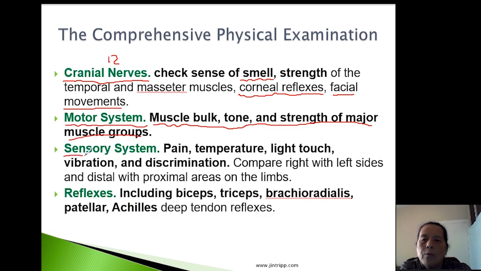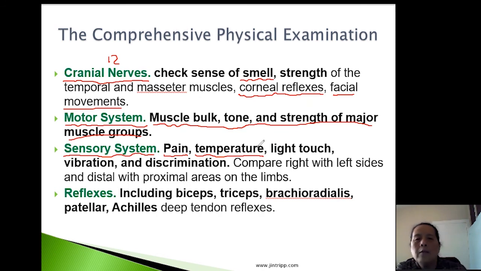And the sensory system includes whether the patient can feel pain, and whether the patient can feel temperature, like we put a bottle of cold water on the patient's skin, and then the patient can tell you if it's cold or hot, in different parts of the body.